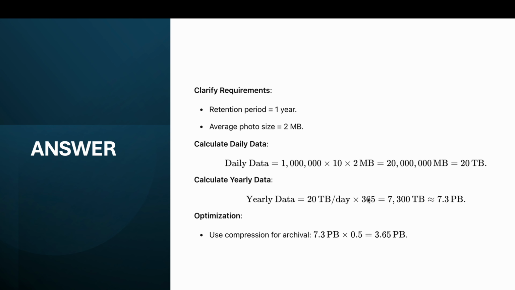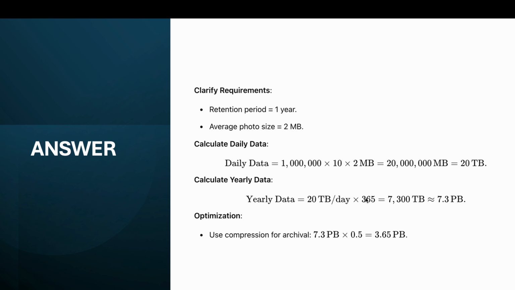You can turn 365 into roughly 400, and 400 multiplied by 2 is 800, with the zero, so roughly 8,000. Again three zeros, and with terabytes, it now becomes petabytes. Over here you see 7.3 petabytes, so you can say roughly 8 petabytes or 7.3 petabytes.